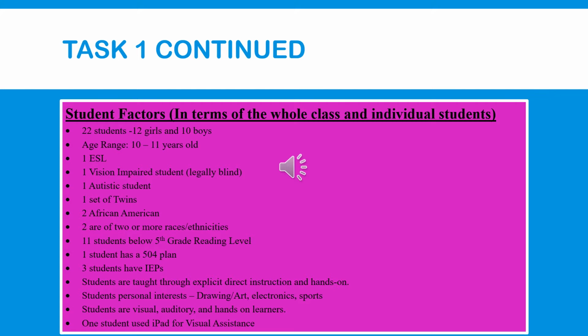Of the 22 students, there were 12 girls and 10 boys that ranged from 10 to 11 years old. There were 3 students with IEPs. One was a visually impaired student, one was an autistic student, and one was an English second language learner.